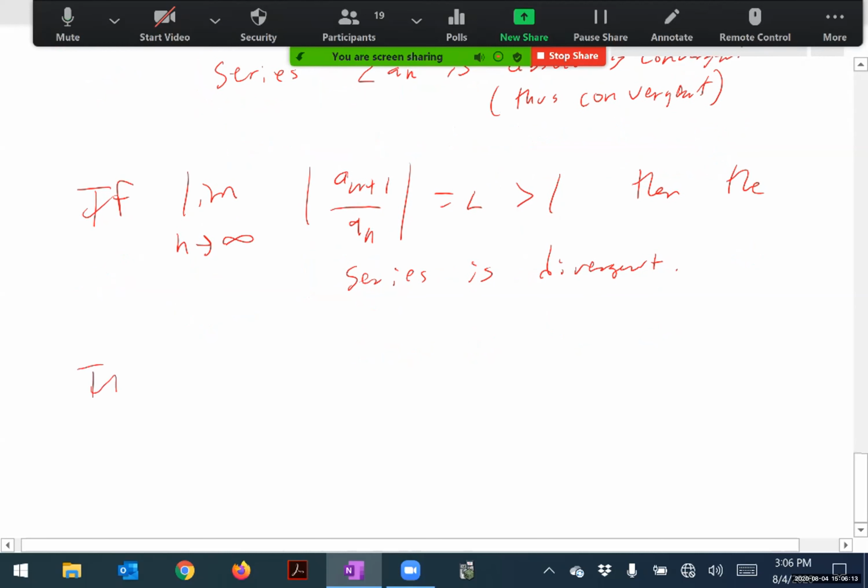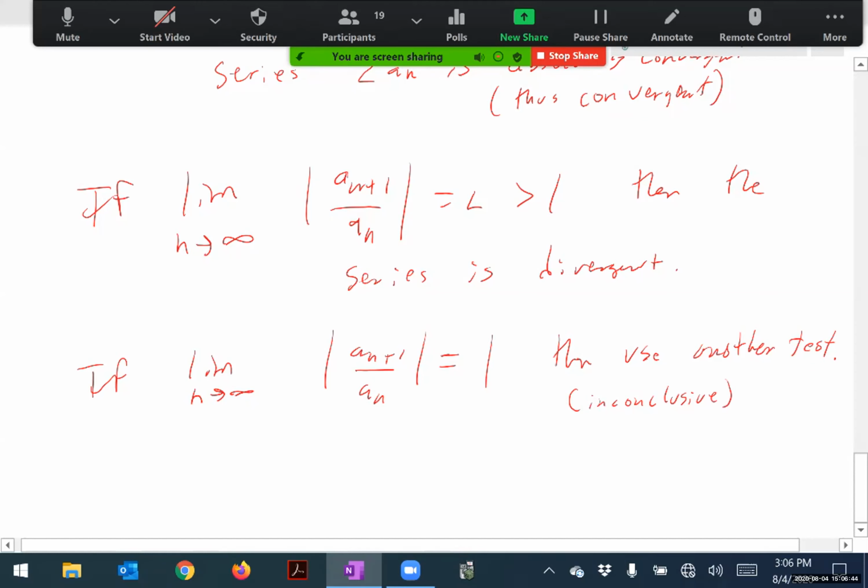If the limit of a sub n plus 1 over a sub n is equal to 1, then use another test. It's inconclusive. The test is inconclusive.